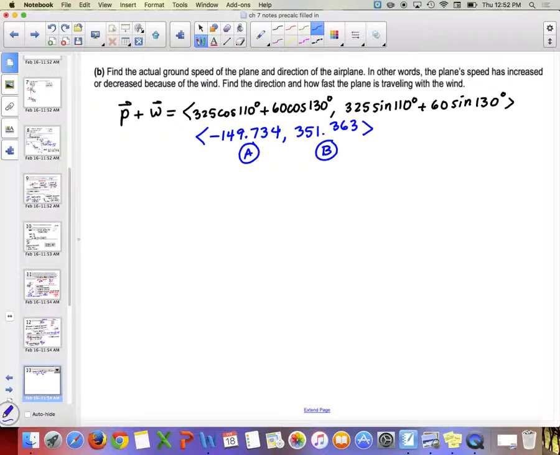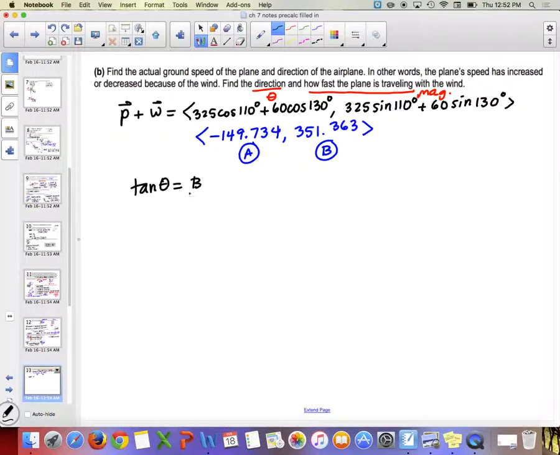Okay, so the question is find the direction and how fast the plane is traveling. So our direction is going to be theta, and how fast the plane is traveling, that's going to be our magnitude. So now that we have this resultant vector, we can come up with theta by doing tangent of theta is equal to opposite over adjacent, which is the y value over the x value.